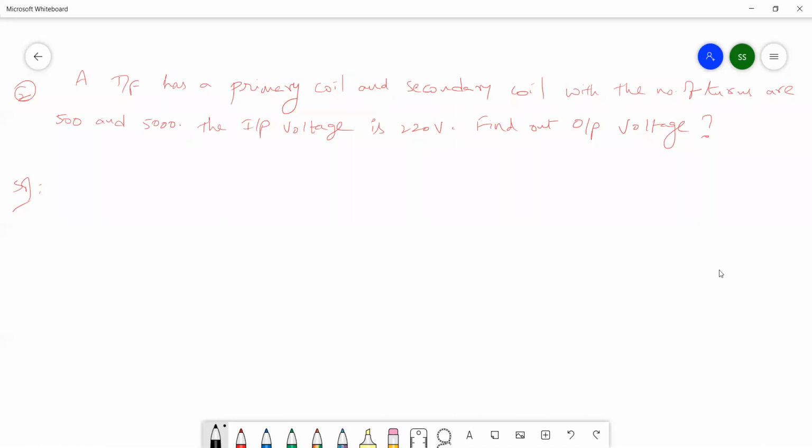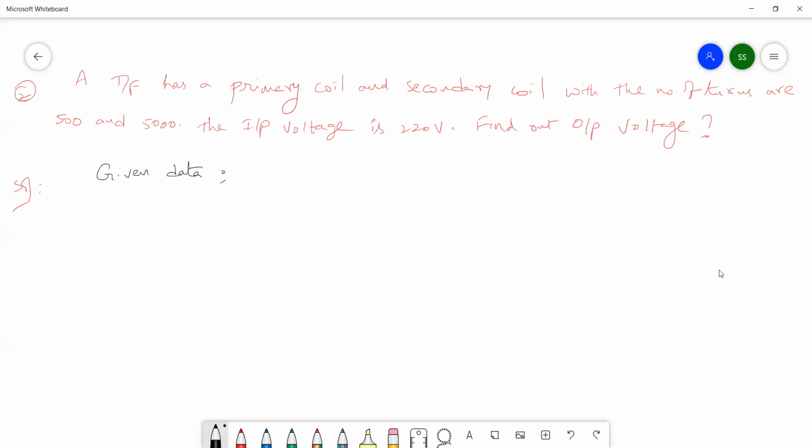Yeah, sure. So what is given data here? Tell me the given data from the given problem.